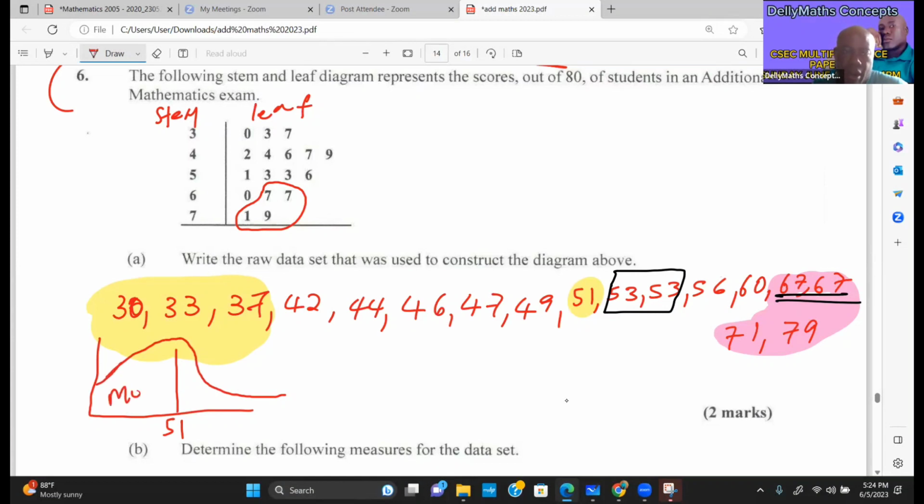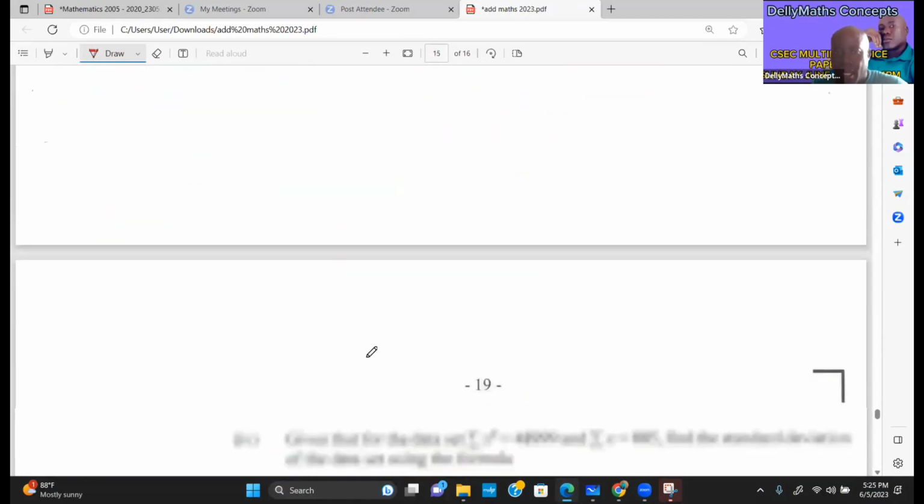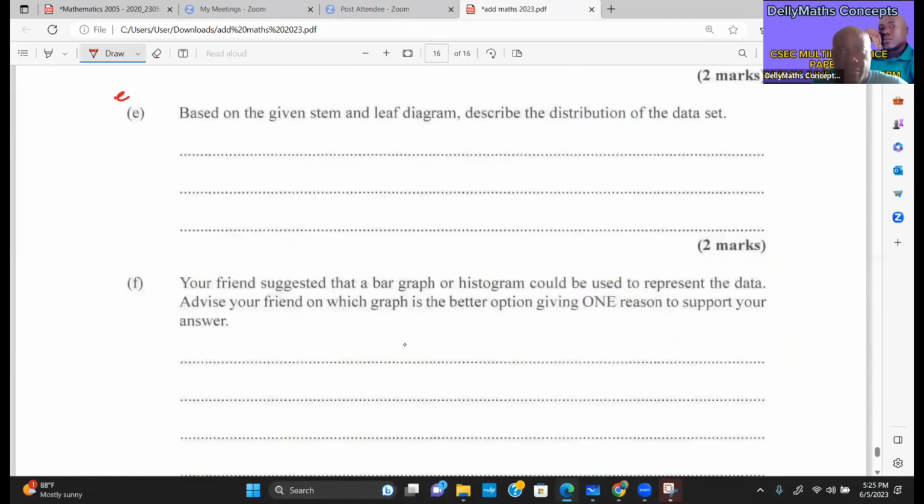So we have more of the data set over this side, more of them to the left. And then that means the tail is going this way. So in other words, not a lot of people get in the 70s and the 60s. We have more in the 30s and the 40s, which is behind this 51. So this is going to be positively skewed data. You understand, where the tail is heading to the right.